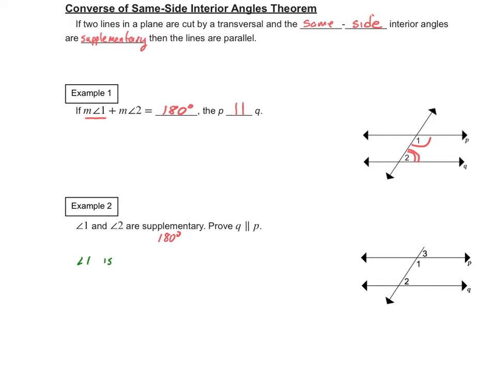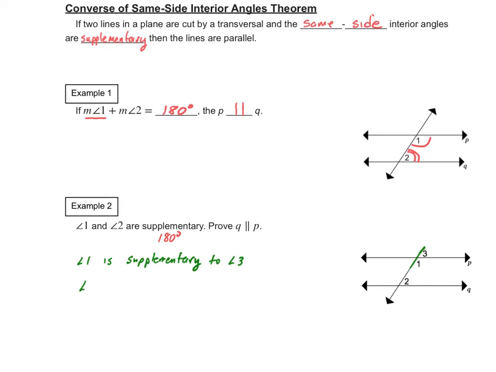I'm going to spell it all out. I know that angle 1 is supplementary to angle 3 because they are a linear pair right here. They form a line, so as a linear pair, they are supplementary.